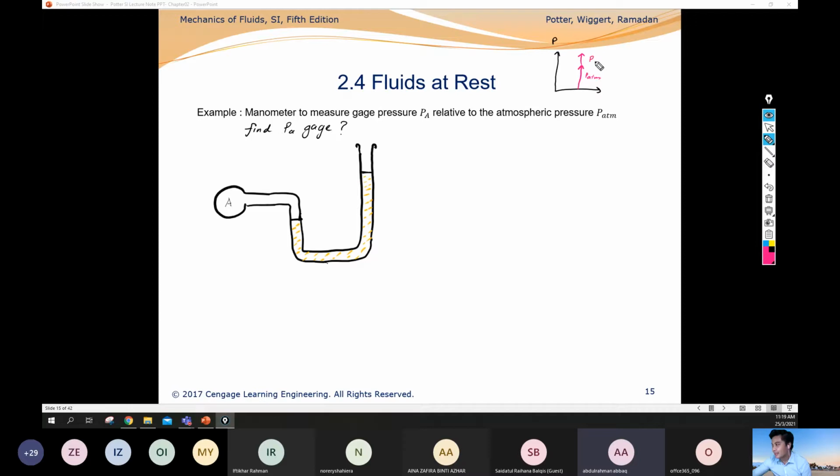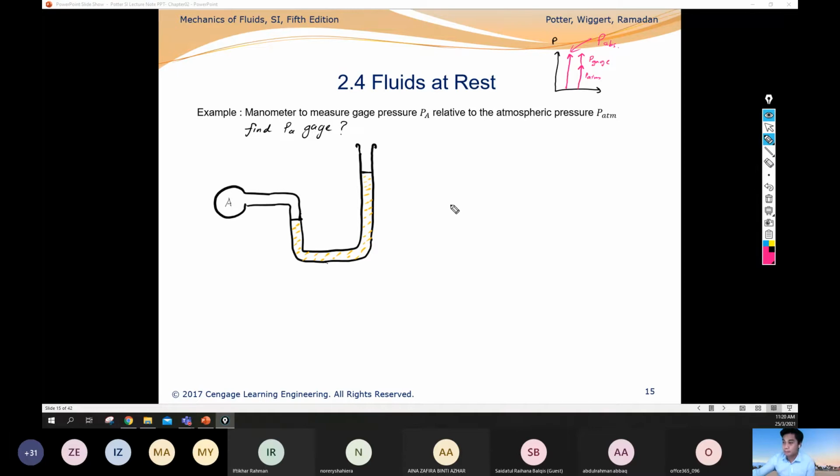We have the P total. So the P gauge is actually the pressure above the atmospheric pressure. Okay, so now you understand what is P gauge. So what is P absolute? P absolute is from the bottom to the top until P gauge. Alright, this is P absolute.